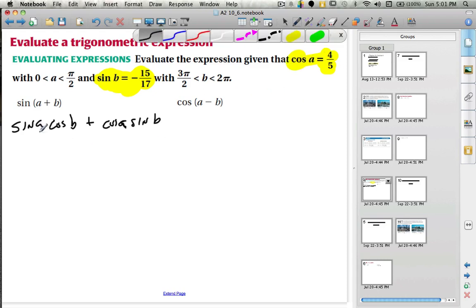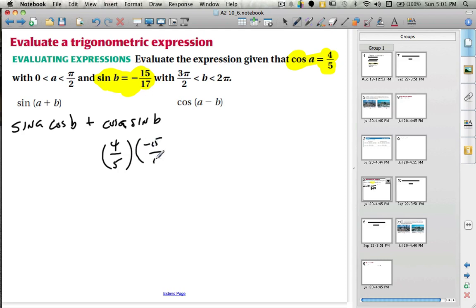If you look at this, I need the sine of A and the cosine of B, so I don't have either of those. I need the cosine of A, which I have, 4/5, and the sine of B, which is negative 15/17. But how do I find the sine of A and the cosine of B?